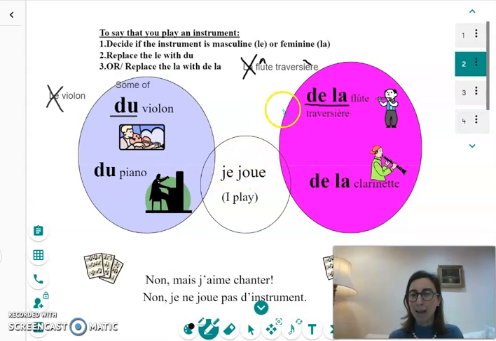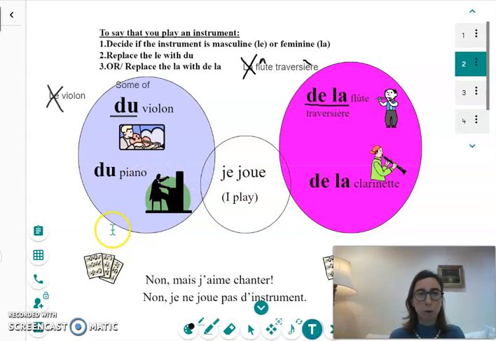So here you can say je joue de la flûte traversière. I play the flute. Or if you want to say it word per word, how the French really are telling you is I play some of the flute. Okay. So have a little think. How might you say I play the piano?